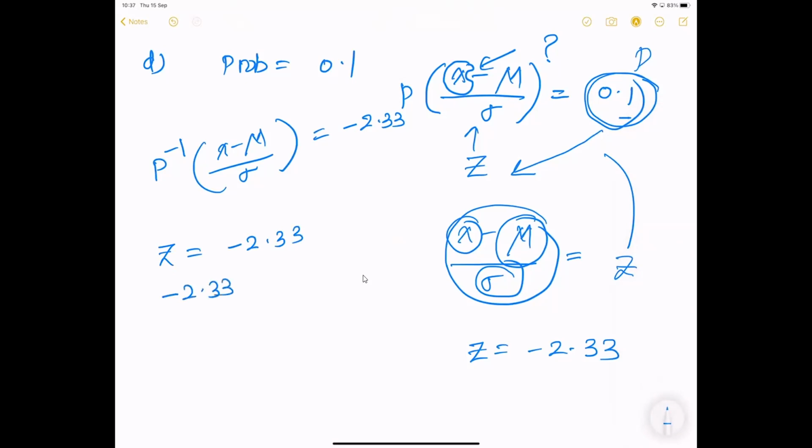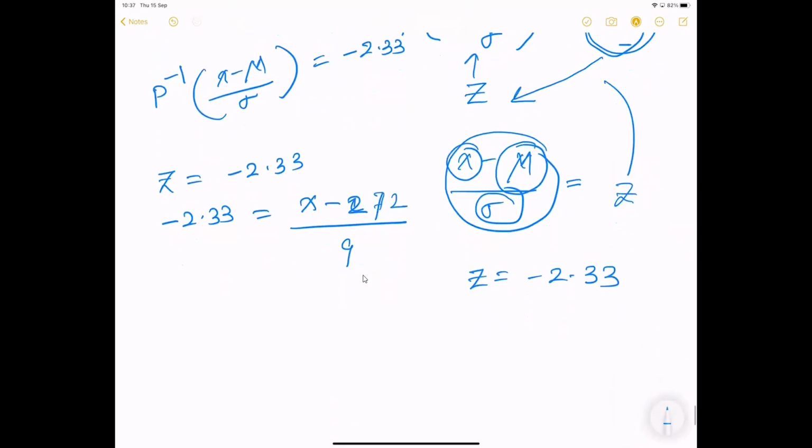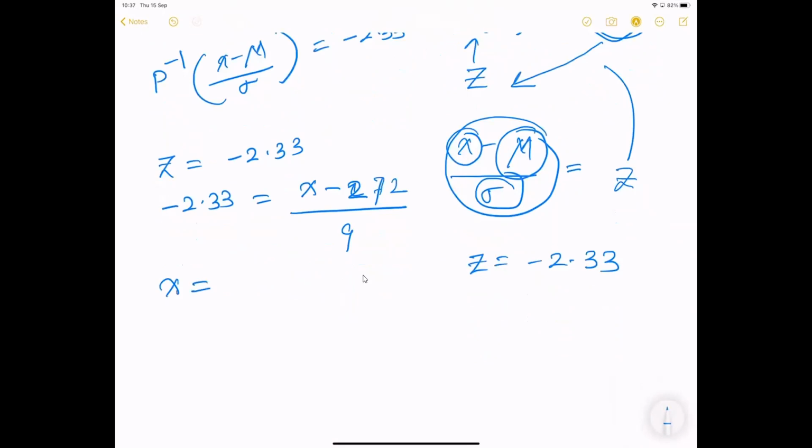We can equate this one. Mu is 272, divided by 9. Now you can simplify this one. You can take the answer as 251.705.